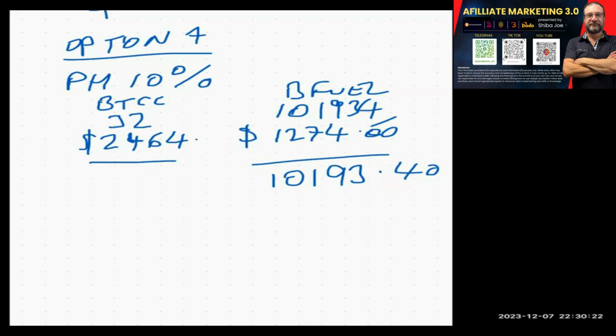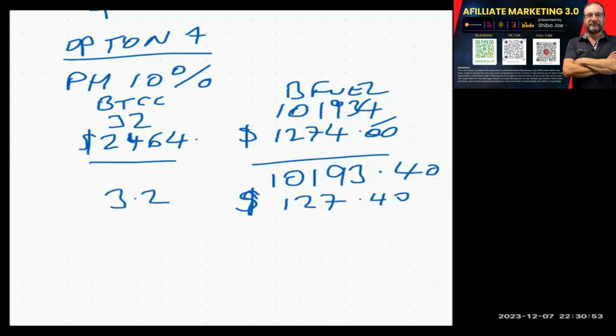That works out a dollar amount, $127.40. So I'm going to harvest 10% of my Bfuel, which I now know I need to find $127.40. And I know that that's going to give me 3.2 BTCC into my MetaMask.